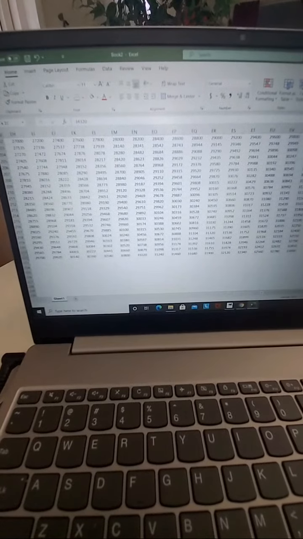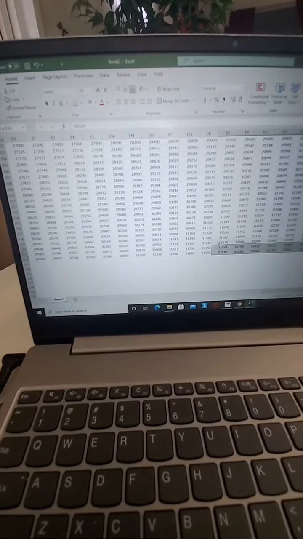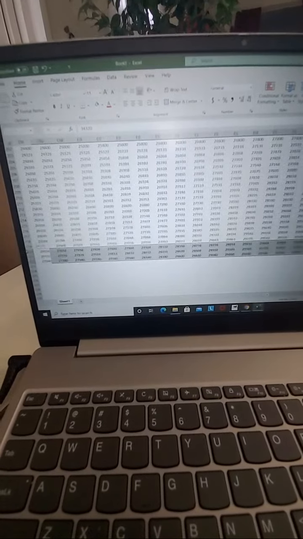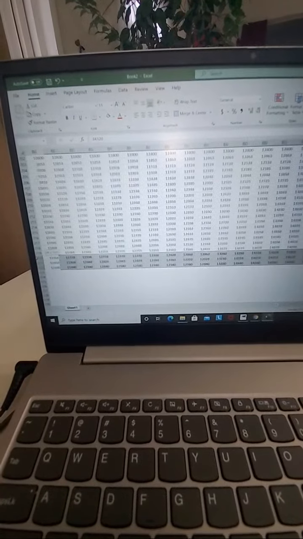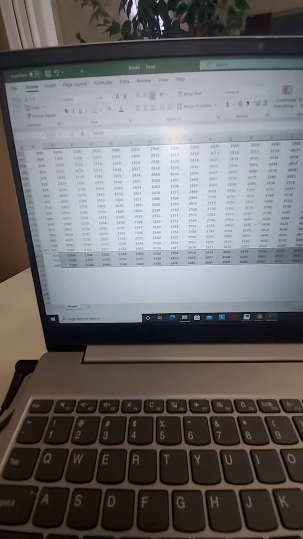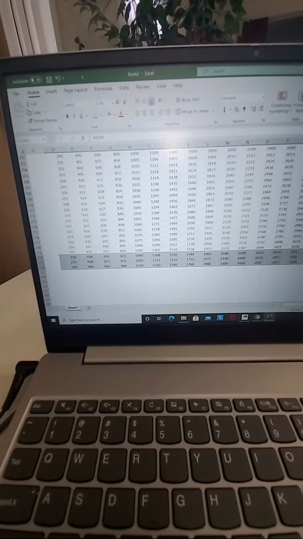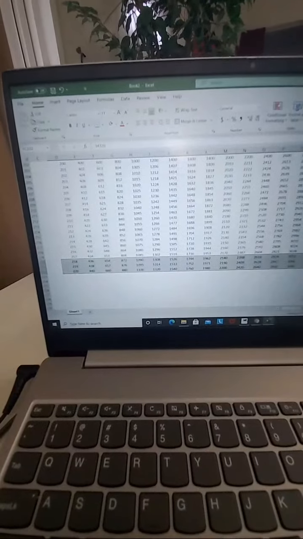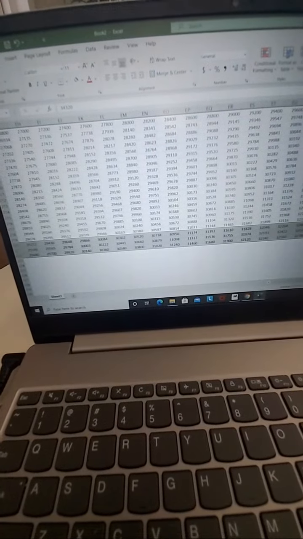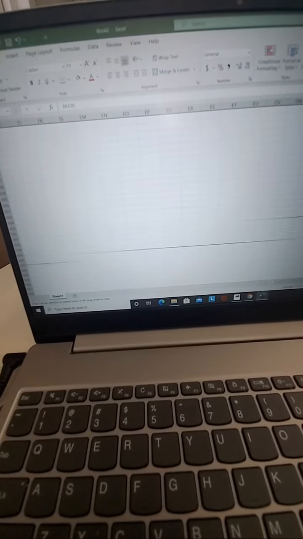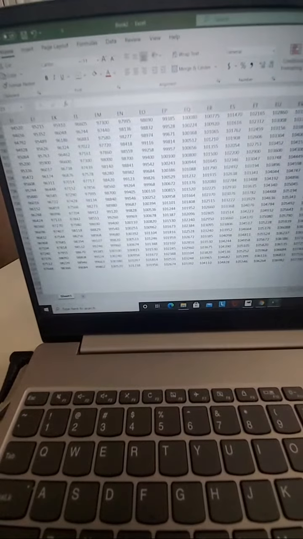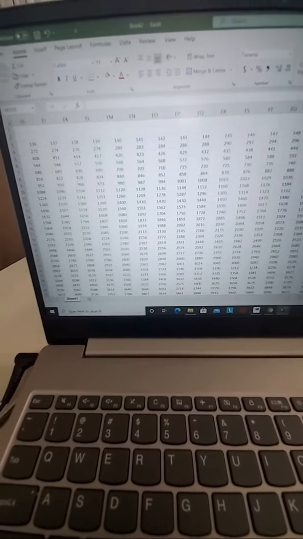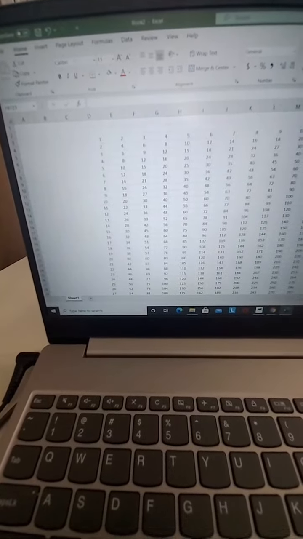We can do the same for this way. Then we just go over here and drag it down. Yeah, sweet. That made our gigantic multiplication table.